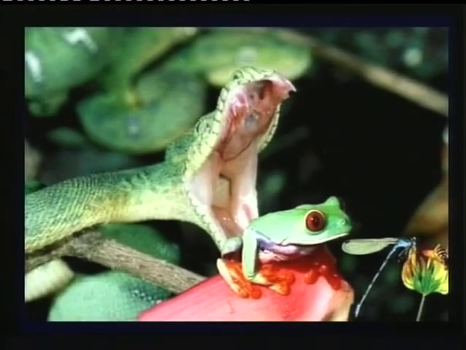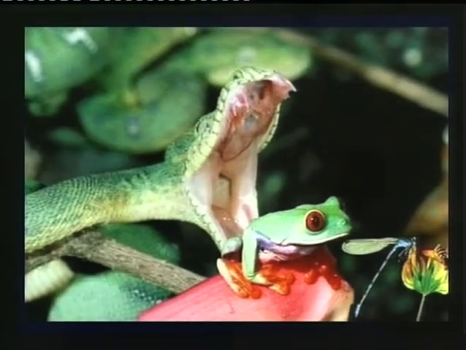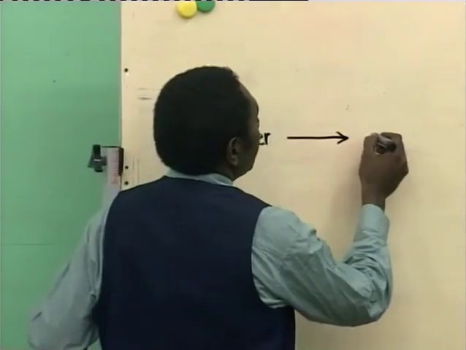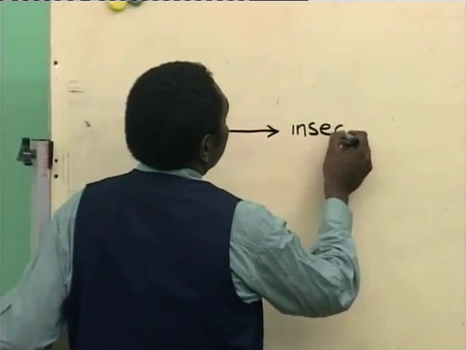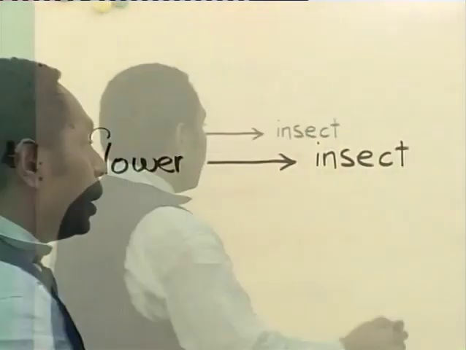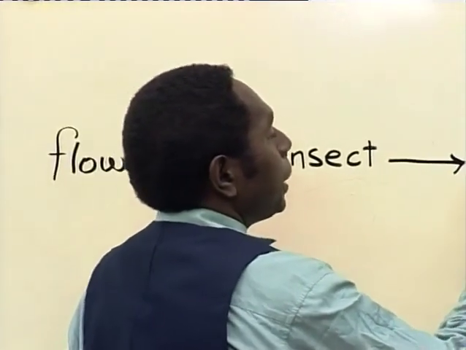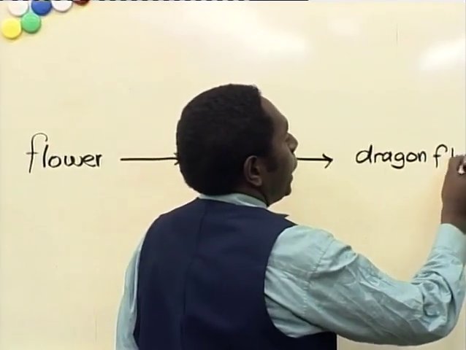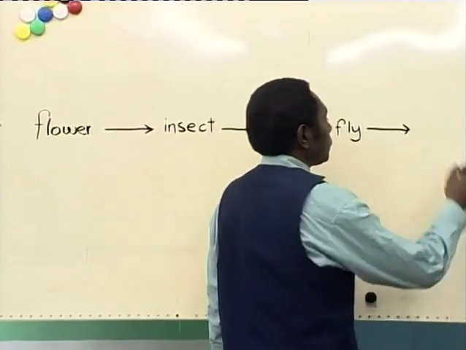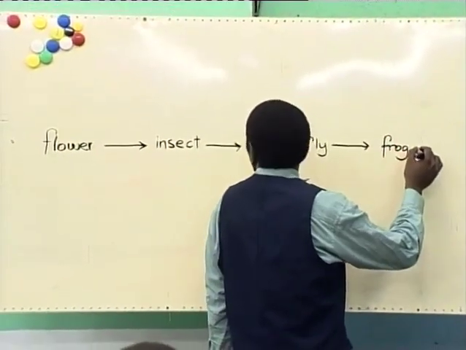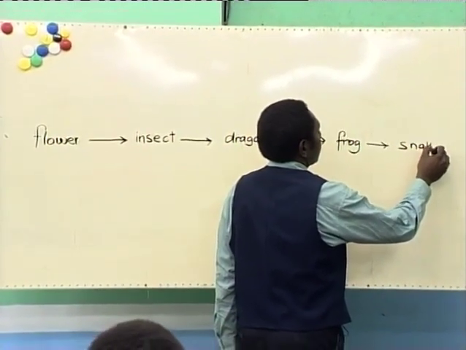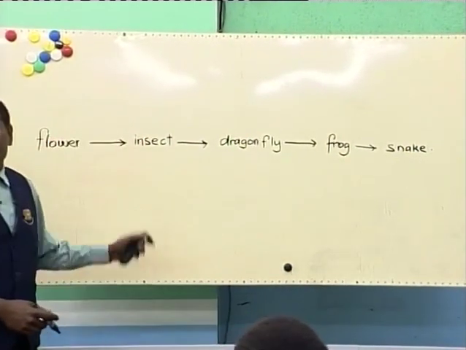We had a flower, then a very small insect on the flower drinking the nectar, and this insect was eaten by the dragonfly. And the dragonfly was eaten by the frog. And finally, the frog was gobbled by the snake.